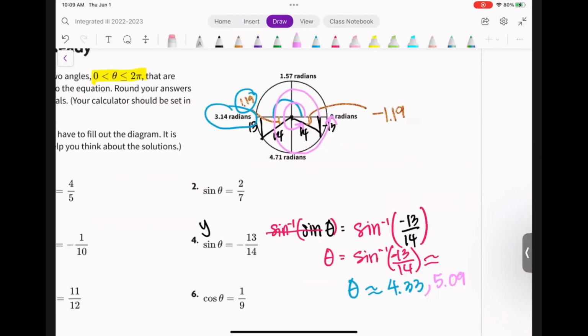Because 1.19 represents the reference angle in the triangle, I just have to build the angle. We added 3.14 plus 1.19 to get the blue angle, and then we went a full circle and subtracted off the angle to get the pink angle.